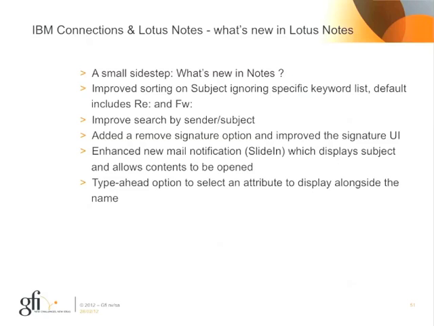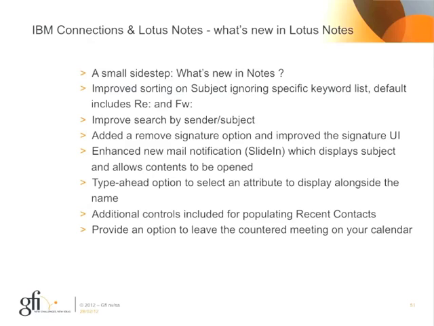We do have the option when creating new messages to actually add or look for additional attributes when addressing the email. So instead of just having to type ahead on the name, you can also add a division in there, for instance. We do have a number of additional controls, limitations I should actually say, when populating the recent contacts. So up until now everything ended up in the recent contacts, and now you can limit whatever is being added on there.